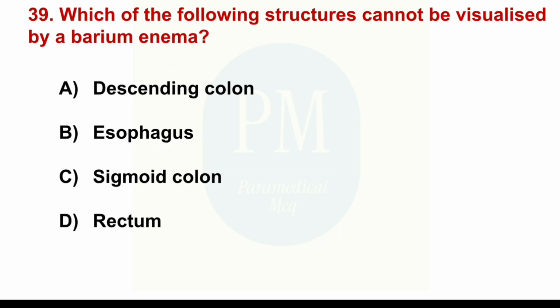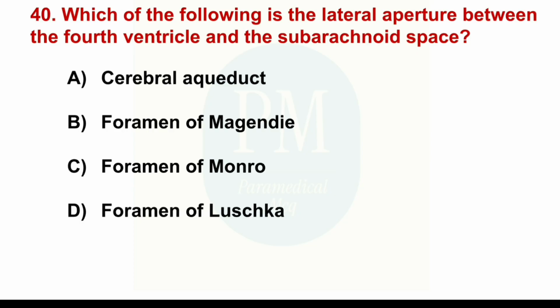Option C, sigmoid colon. Option D, rectum. The correct option is option B, esophagus. Which of the following is the lateral aperture between the fourth ventricle and the subarachnoid space? Option A, cerebral aqueduct. Option B, foramen of Magendie. Option C, foramen of Monro. Option D, foramen of Luschka. The correct option is option D, foramen of Luschka.